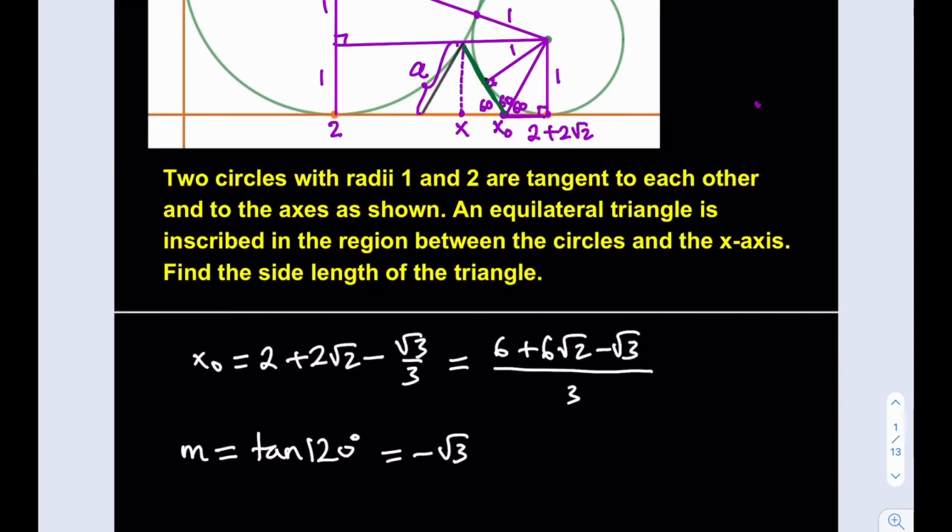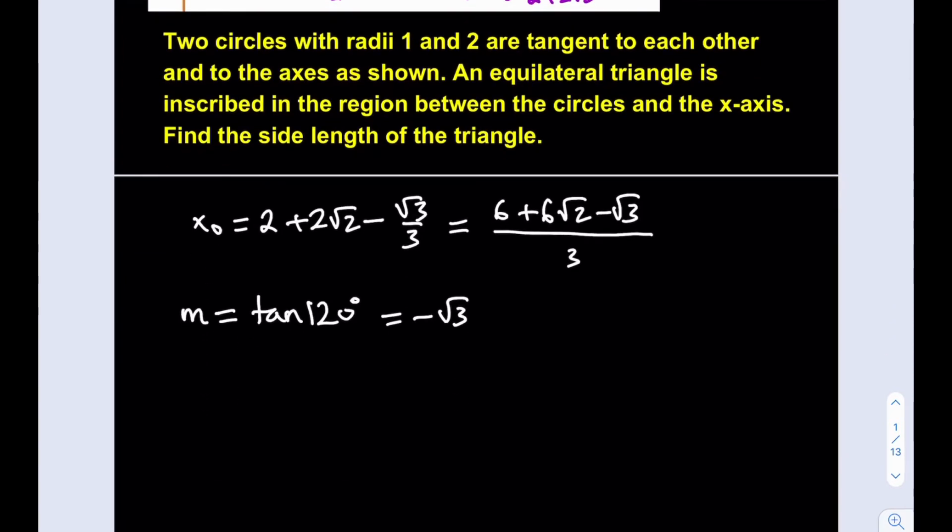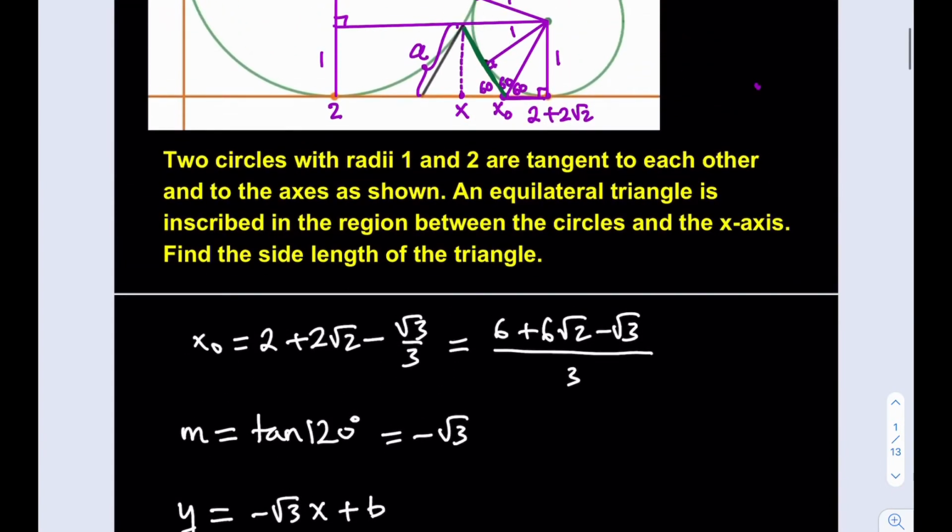Now, that equation is actually going to be important. Now, we do know the x-intercept for this line. But let's go ahead and write the equation of the line first. So the equation for the line, which has a negative slope, is going to be negative root 3x plus b, right? And to find the value of b, we're actually going to replace x with x0 and y with 0.